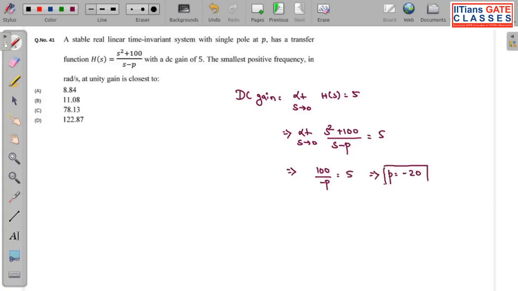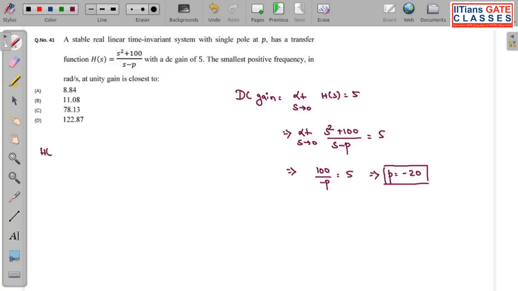So, I get the value of p as minus 20. Then what have they asked? The smallest positive frequency in radian per second at unity gain. So, first let me calculate the gain of this transfer function with this value of p.